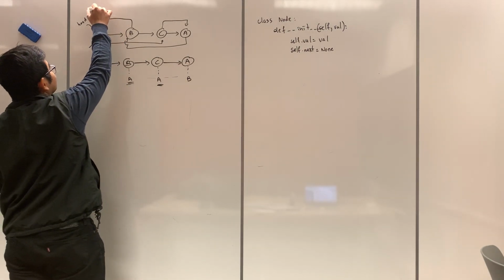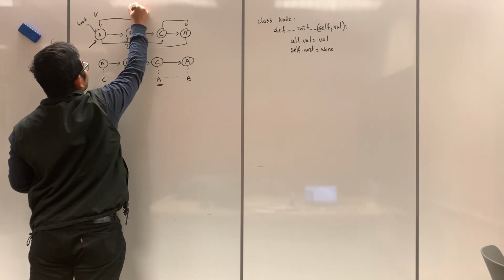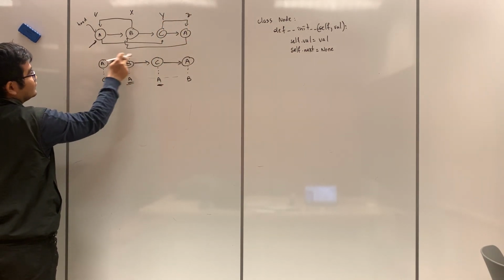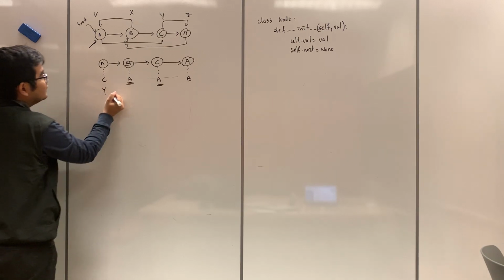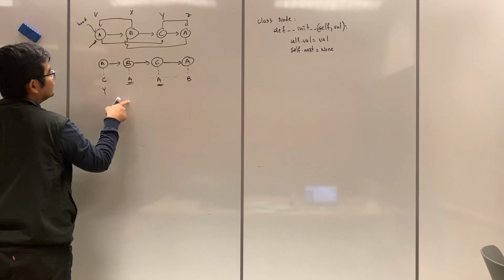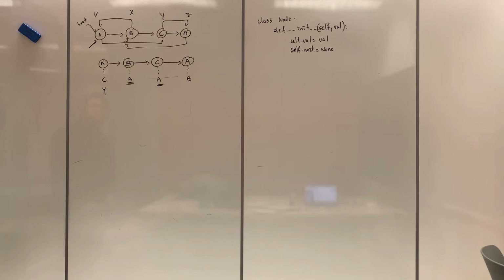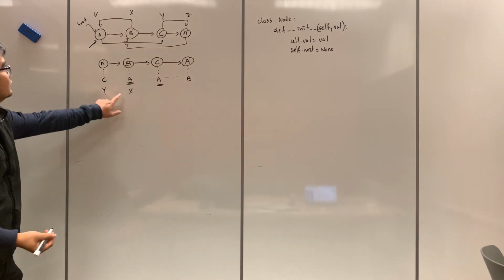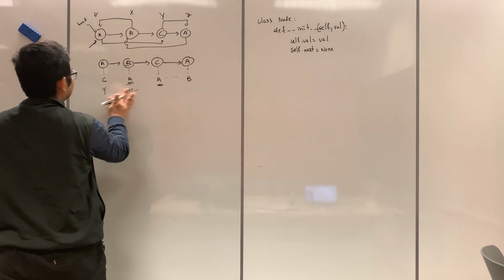Let's say the IDs are W, X, Y, and Z. So here A is stored ID of Y, and B is X, and so on.